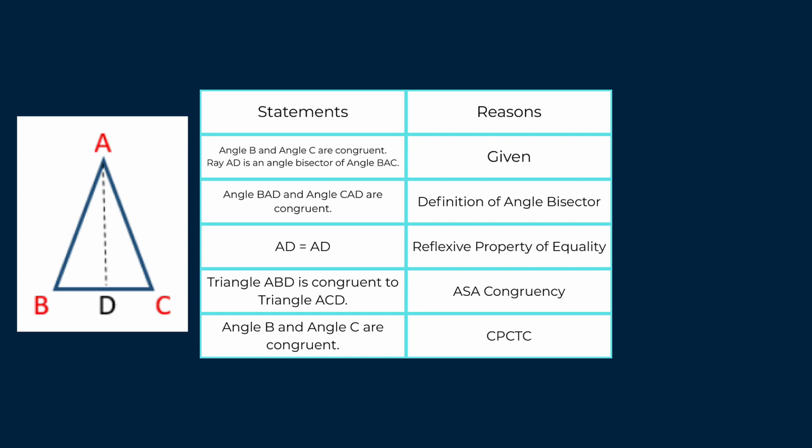Meaning that we can use the shared side of these triangles to make them correspond and say that triangle ABD is congruent to triangle ACD by AAS congruency. So, now that we know that these two triangles are congruent, we can prove that angle B and angle C are congruent by congruent parts of congruent triangles are congruent. And that's our proof.